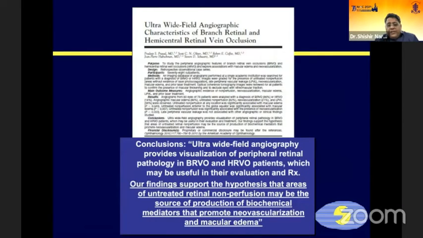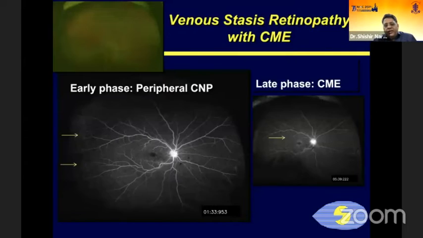What is important is that non-perfusion in the periphery causes both neovascularization as well as macular edema. And that is what Sangeet had earlier said, the concept of treating with peripheral photocoagulation in cases of vascular occlusions and diabetic retinopathy when there is a resistant macular edema.